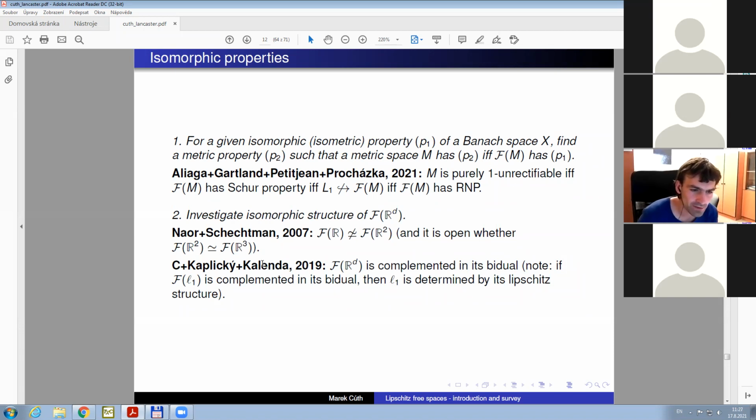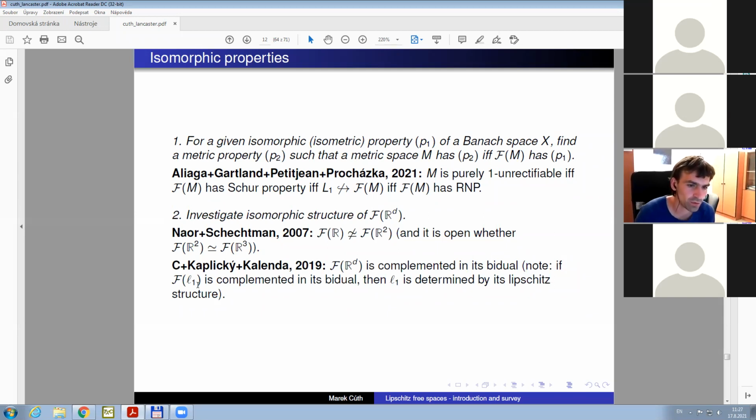The reason why we consider this question is that Gilles Godefroy noticed that if we were able to prove that the Lipschitz-free space over little L1 is complemented in its bidual, then L1 is determined by its Lipschitz structure, which is a famous open problem, whether it is true or not.